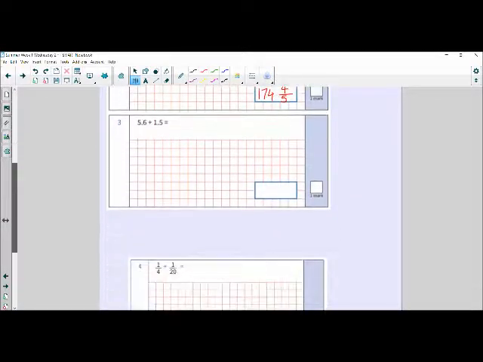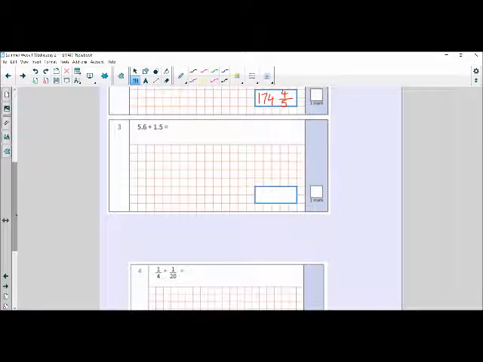Looking at the next one, 5.6 add 1.5. Now, what's the most important thing you've got to remember when you add decimal numbers? Put the decimal point in the same place. So 5.6 add 1.5, and I've made sure the decimal point is in the right place. 6 add 5 is 11.